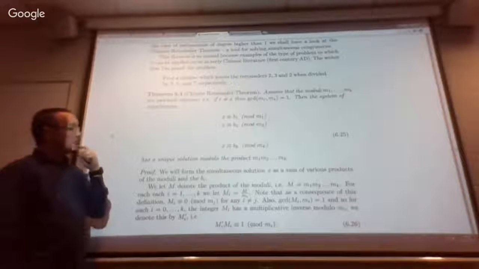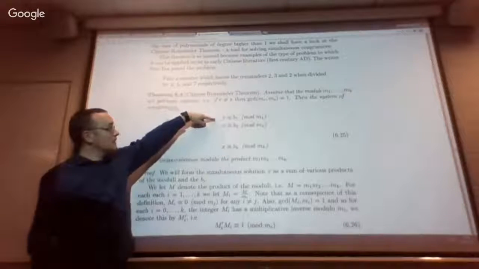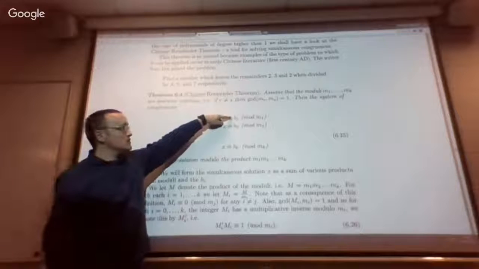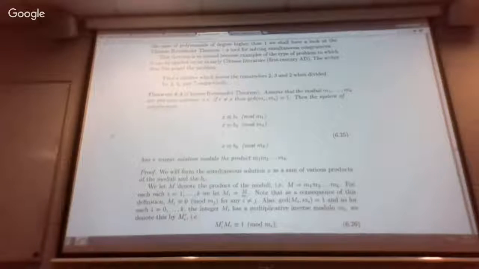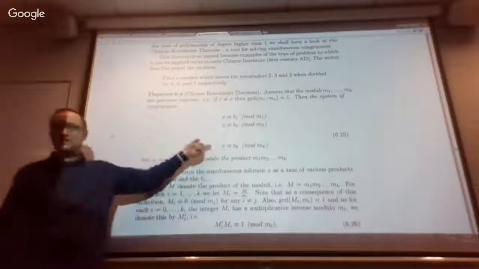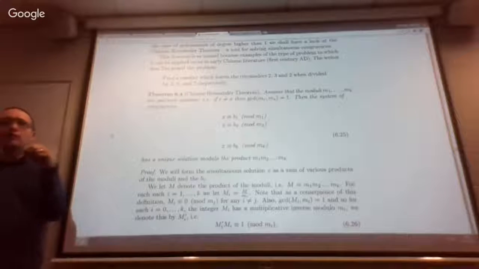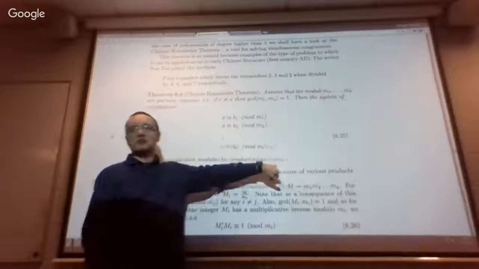The Chinese remainder theorem tells you that you can find integers x which satisfy all of those congruences. You can find an infinite number of integers which will satisfy all of these, but they all come from the same congruence class modulo the product.